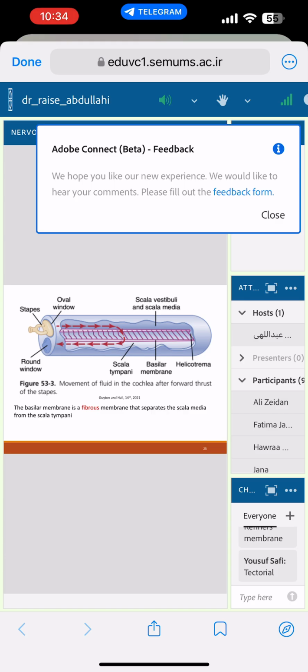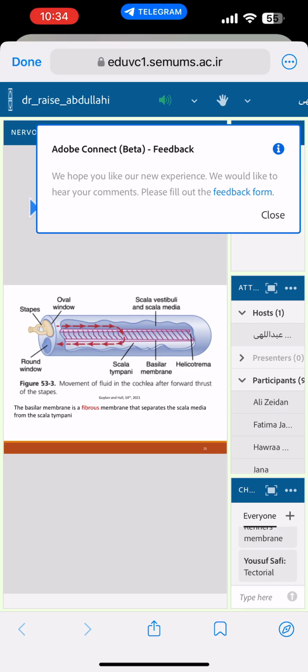So in this picture, for the sake of simplicity, we remove the Reissner membrane. And this is basilar membrane, which is important in terms of movement of fluids in the cochlea.